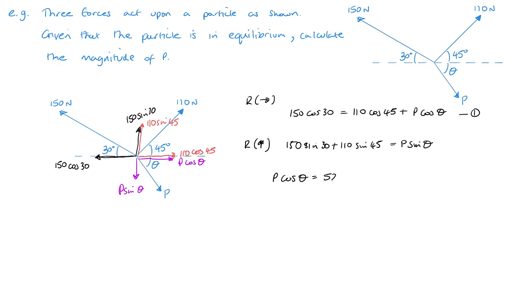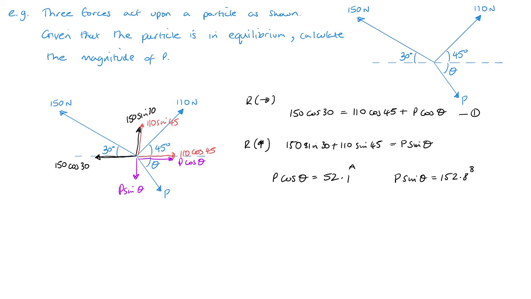And that's going to be 52.1 to three significant figures, but I'll save that in my calculator as A. And then P sine theta is 150 sine 30 plus 110 sine 45. And that's going to be 152.8. And again, I'll store that in my calculator as B.